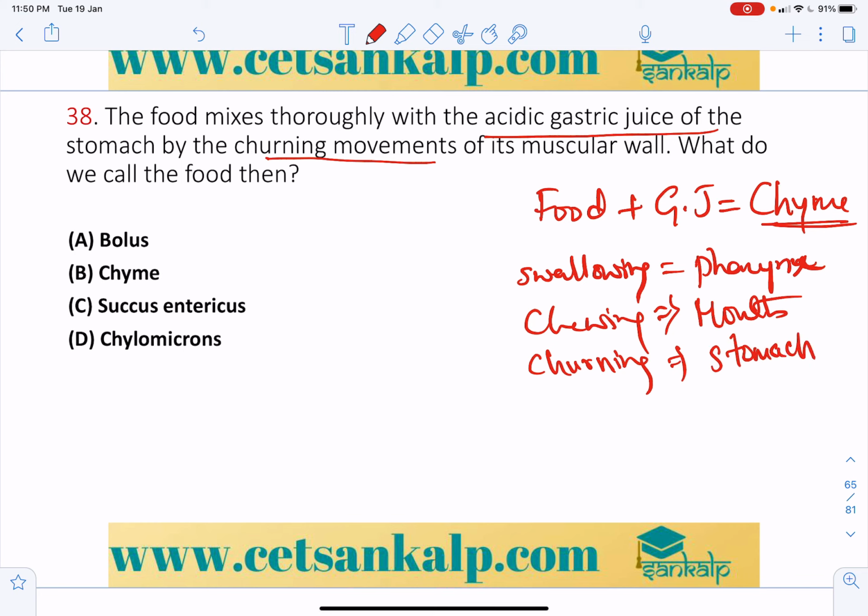And after that, segmentation will be there, largely in the small intestine.